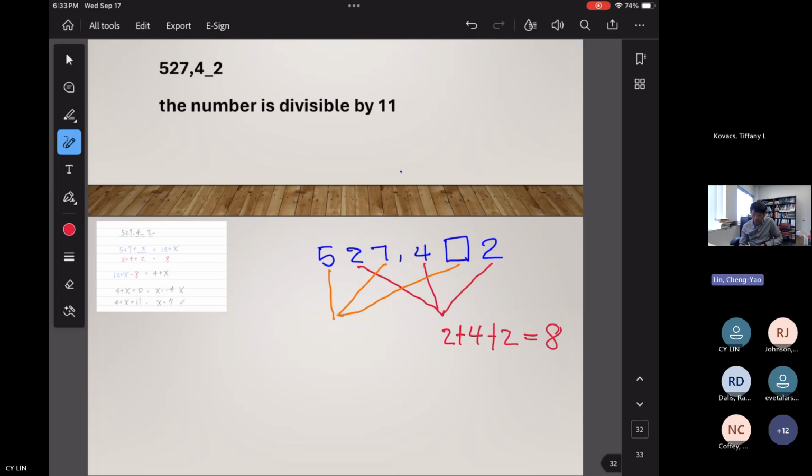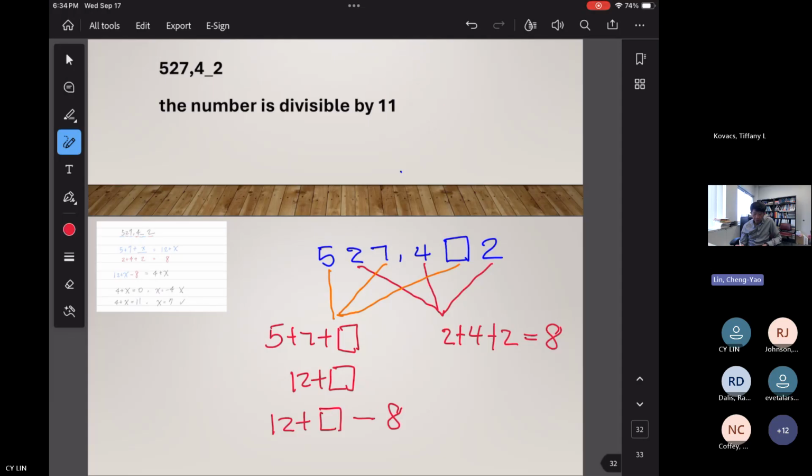And then here we have 5 plus 7 plus a box. We don't know that, right? So that's the number we have to figure out. So we have 12 plus a box. Now we take 12 plus a box, subtract 8, right?